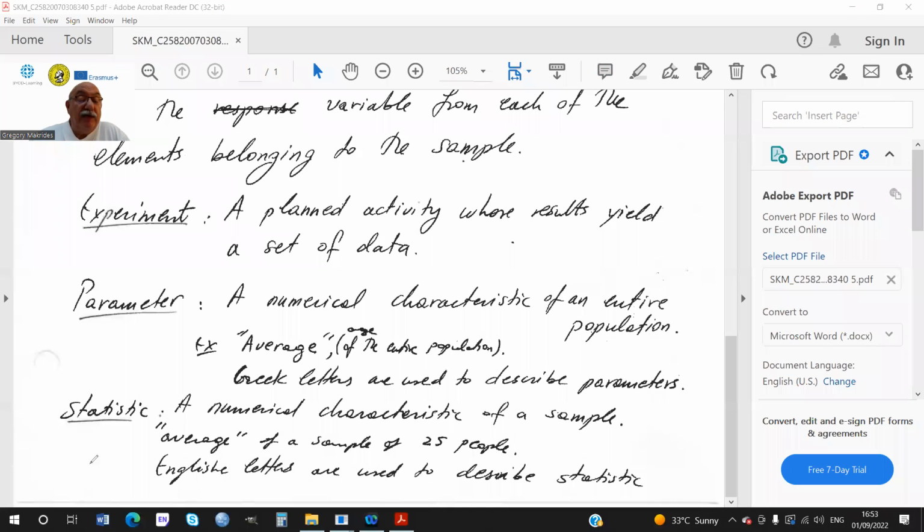For example, the mean, the average in a sample, is X bar, while in the population, the parameter is the Greek letter mu. So if you see English characters, you understand that it's a sample. Let me erase this for now, and let me go to the next slide.